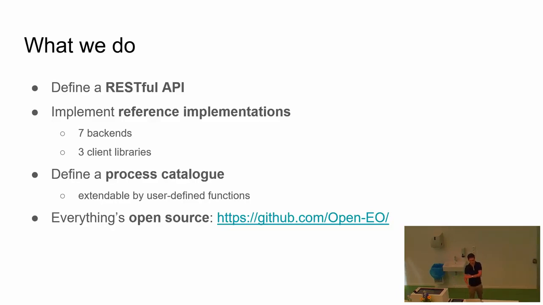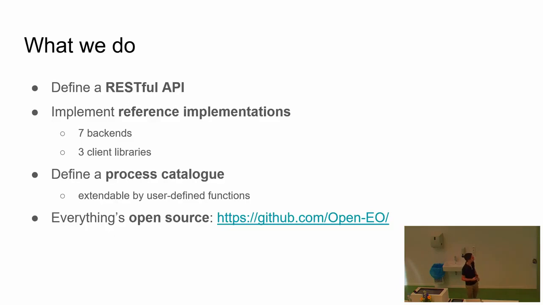And really this implementing thing is what OpenEO is about. So we not only come up with a theoretical idea, but we actually do it practically, because having running software available is what gets things done. And that's why we put the main focus on that.